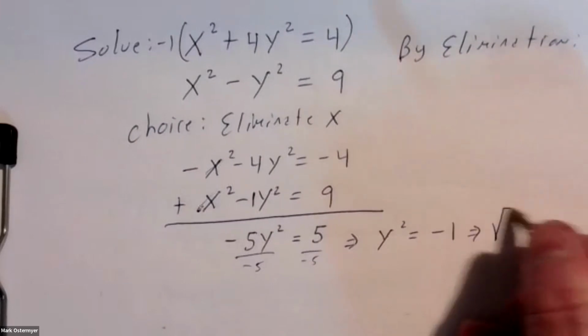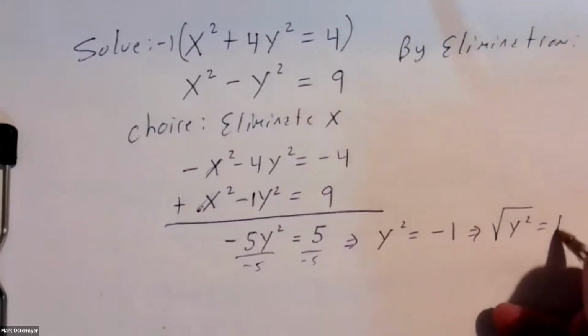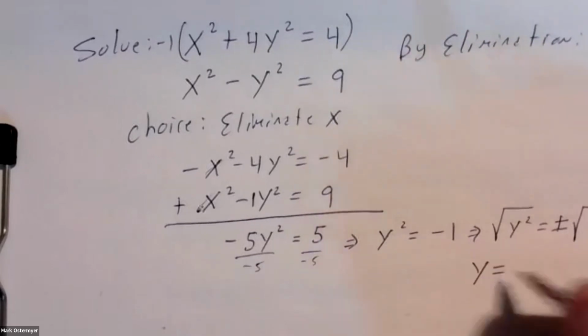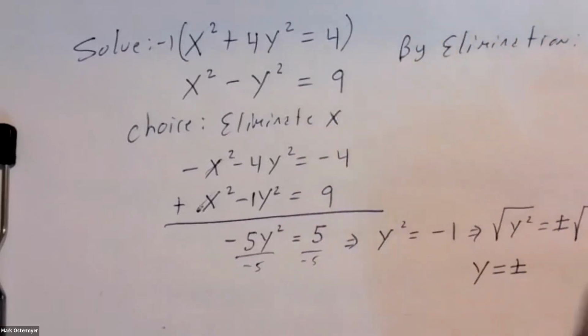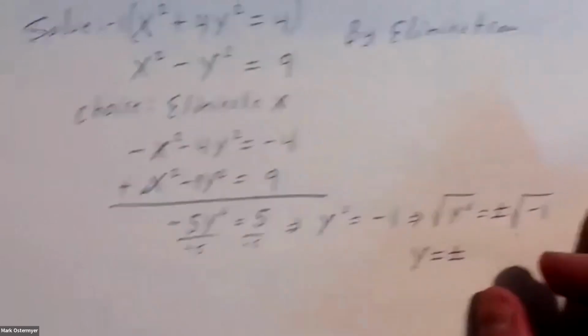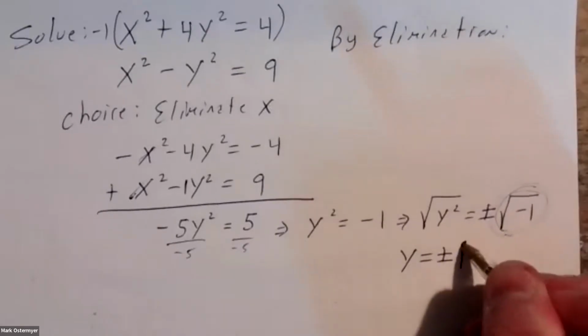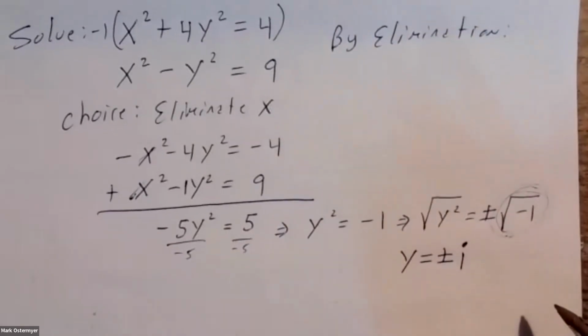Now we take the square root of both sides. Don't forget the plus or minus. We get y is equal to positive or negative what? What's the square root of negative 1? It's i. Well, look what happened here. I did everything legally.